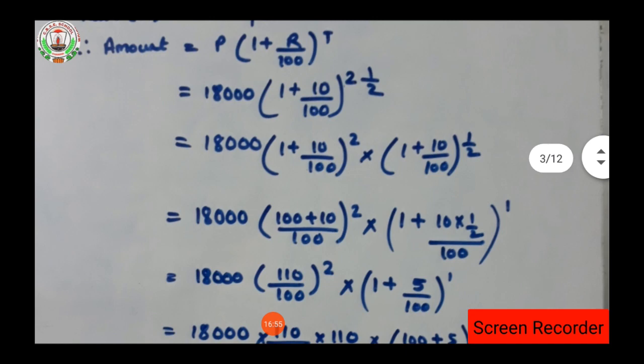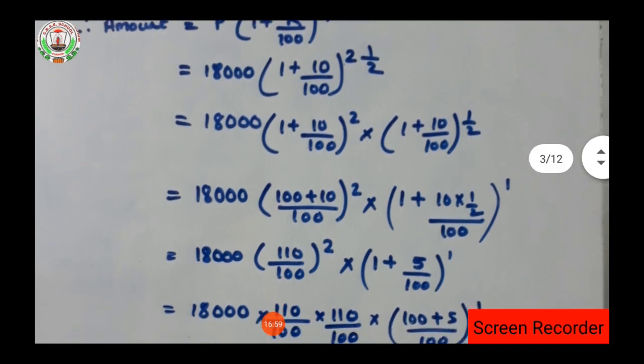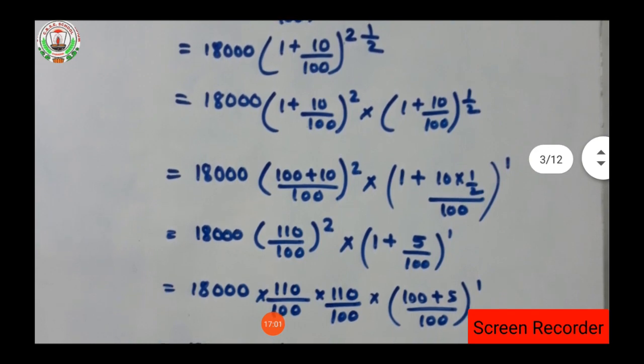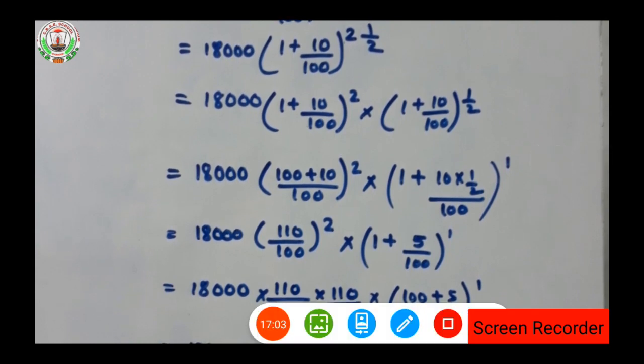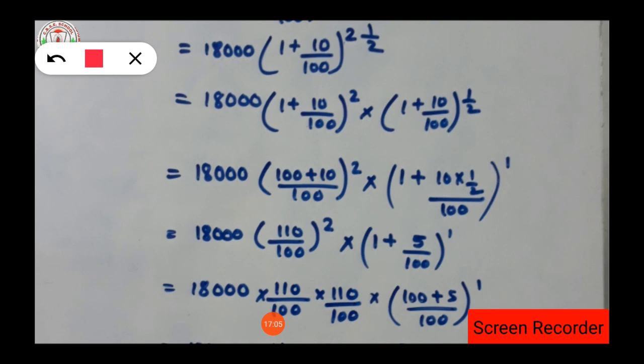And what is the time we are having? 2.5 years. Now students, be very careful while solving the time, because time is given in the form of a fraction. T is equal to 2 and 1/2, isn't it? 2.5 years. So how to solve this 2.5 years? It can be easily solved if the rate is given in the form of a fraction, we can easily solve.